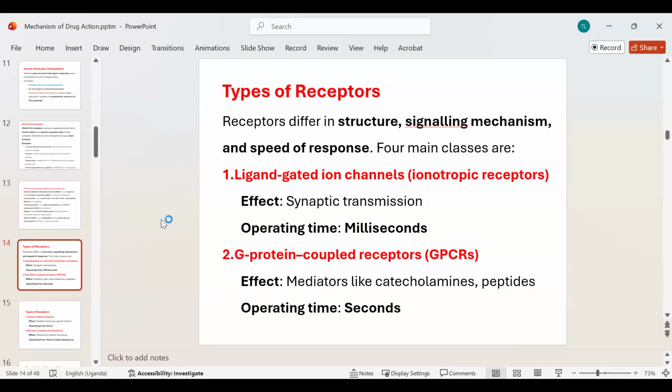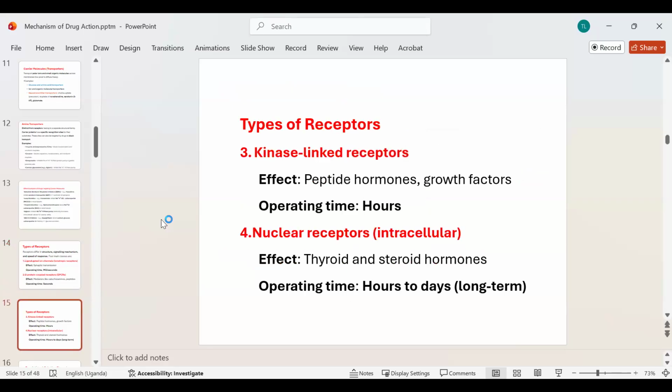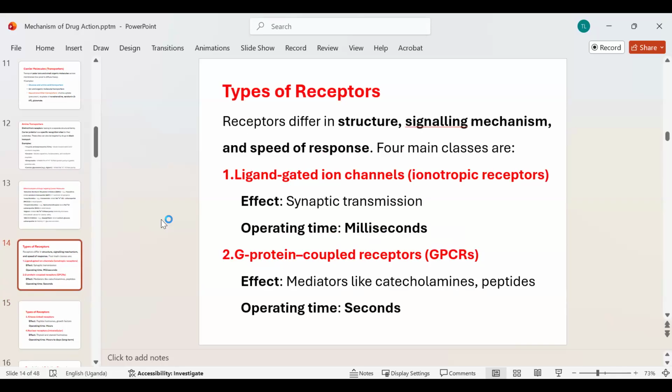That's why I was trying to emphasize that you take receptors as proteins, where drugs are going to bind, and they produce effects. So we have ligand-gated ion channels, or ionotropic receptors, we have G protein coupled receptors, and we also have kinase-linked receptors, and then nuclear receptors. Those are the major 4.